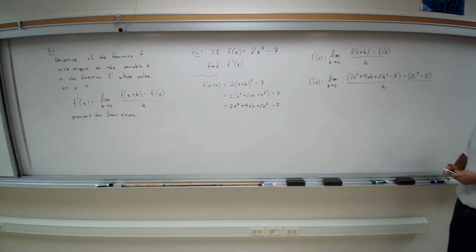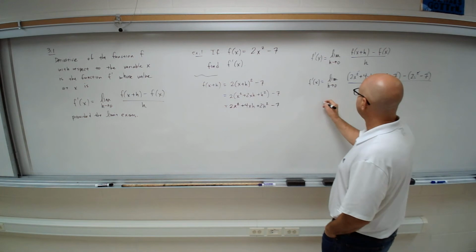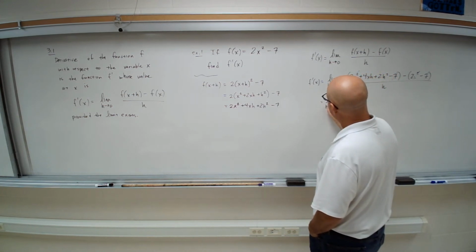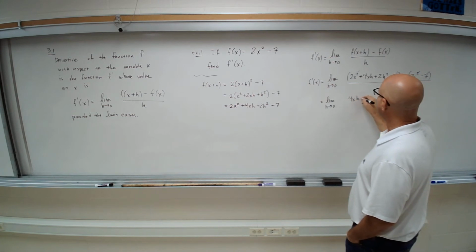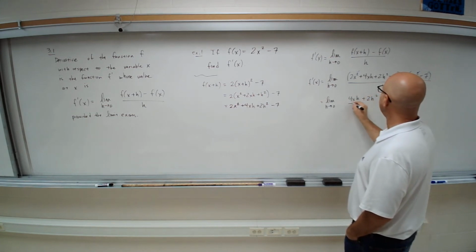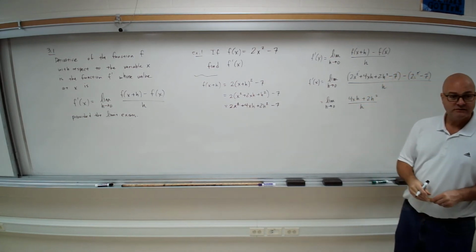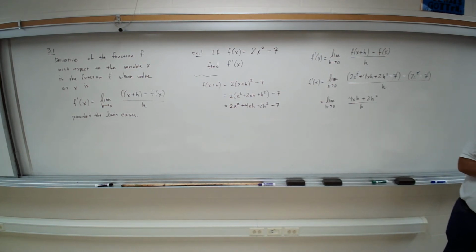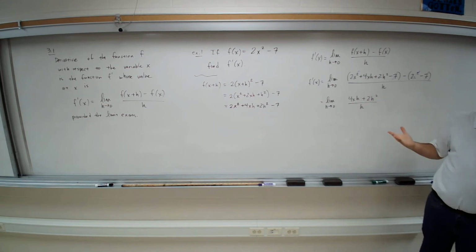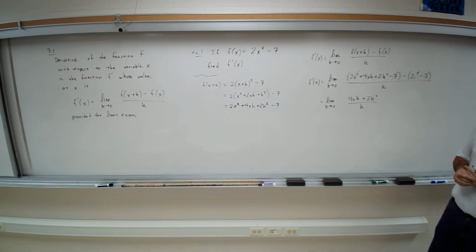Okay, so with this now, we get the limit as h approaches 0 of 4xh plus 2h squared over h. We need to get the h on bottom to go away, because if you try direct substitution, it doesn't work. You get indeterminate.